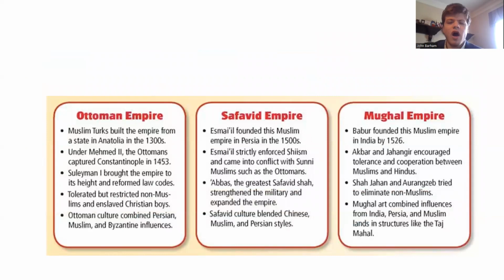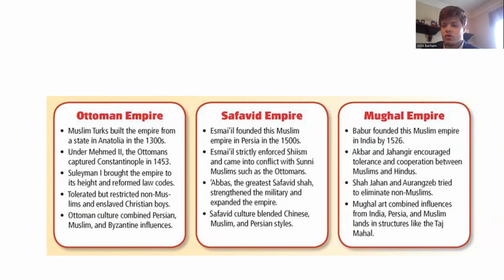Okay, now the Ottoman Empire, the Safavid Empire, and the Mughal Empire geographically were really more dispersed than East Asia. The Middle East, Eastern Europe, South Asia are all represented in the Gunpowder Empires, these three empires. But what really had made them be in common is that all three of these were Islamic empires.